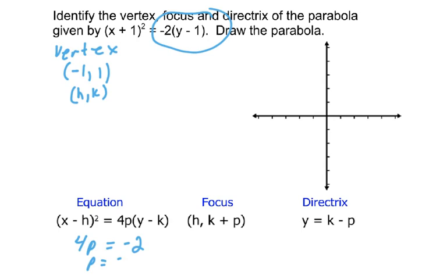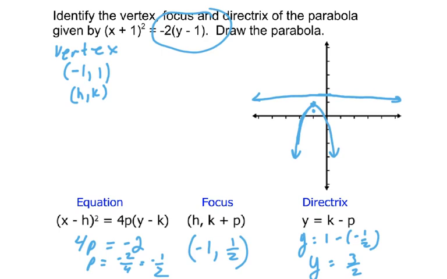So we get p equals -2/4 or -1/2. So for our focus, we have the same h value, so -1. And then it's going to be 1 plus a -1/2, which is a +1/2. So we have our vertex, we have our focus, and then our directrix is y equals k minus p.